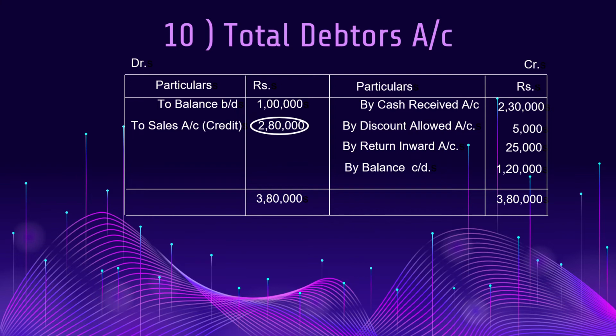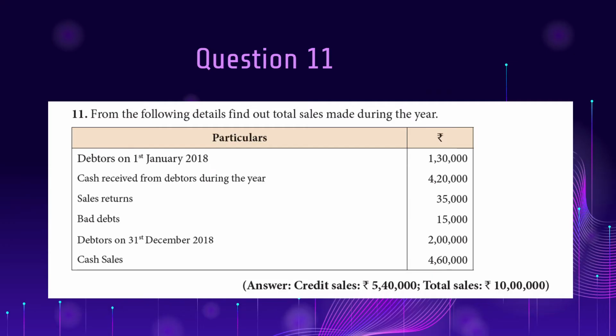Let us do the second and 11th sum. See here, from the following details, find out total sales. What is total sales? Total sales is cash sales plus credit sales. See, the business would have sold goods for cash and they have sold goods on credit. So when you add both together, it will be the total sales.